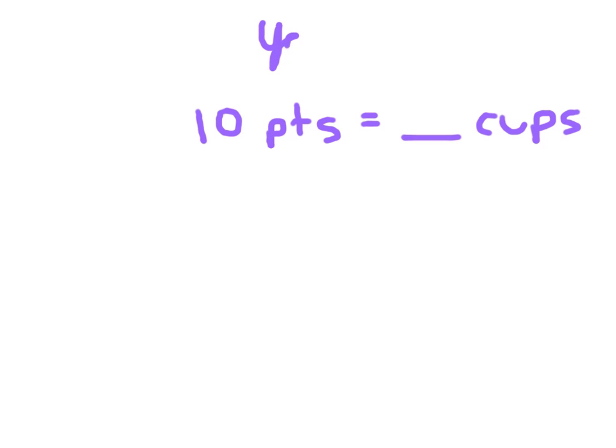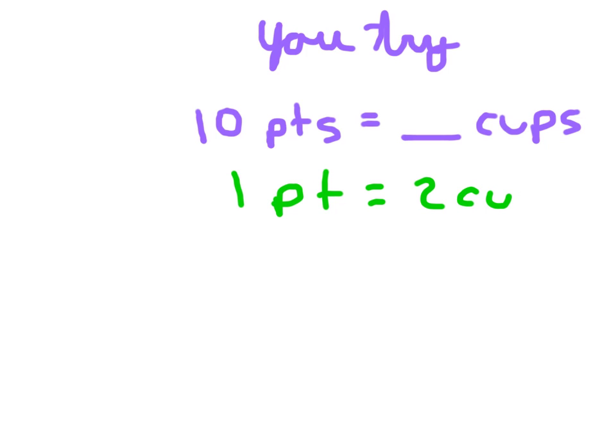Here's another one for you to try. 10 pints equals how many cups? Write down that relationship first, that's going to help you, and then solve it. Hit pause. A relationship that would have helped you is 1 pint equals 2 cups. From 1 to 10, you multiply by 10.